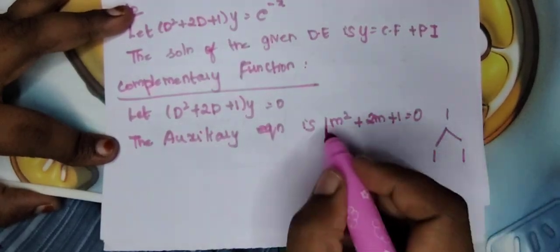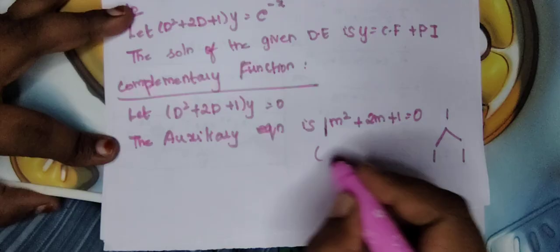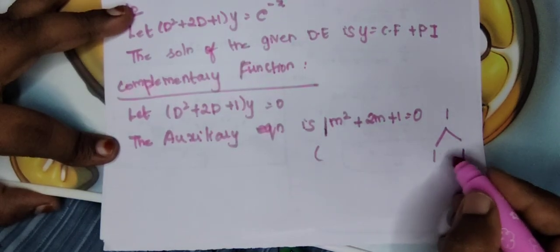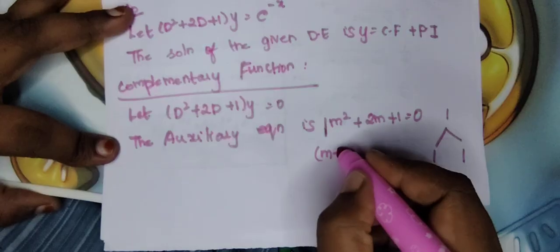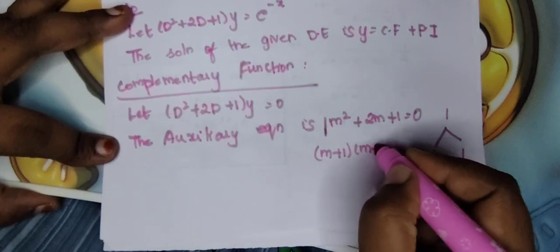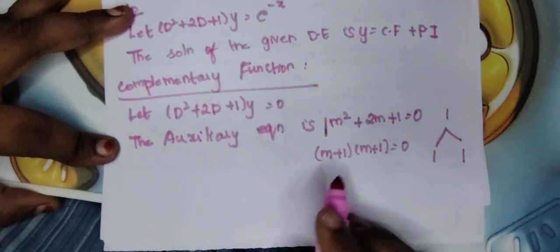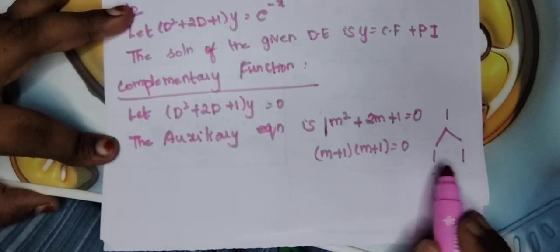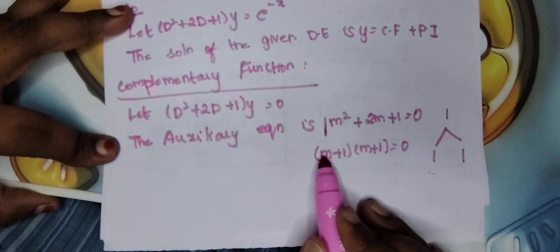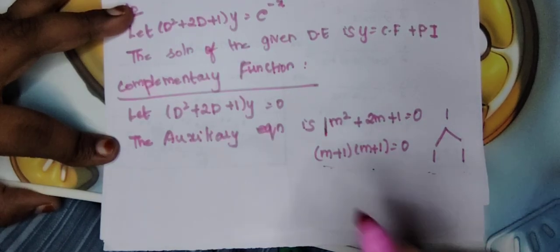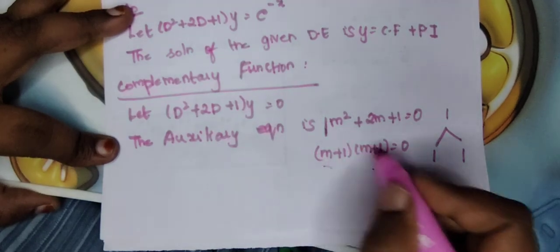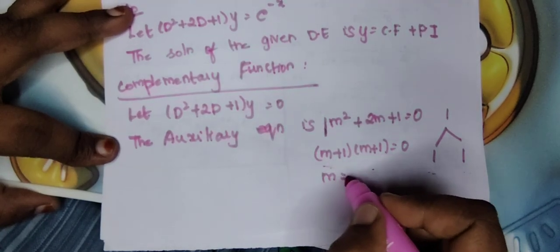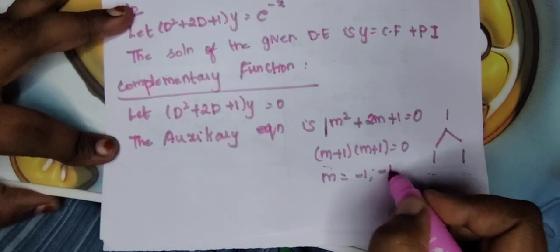So this equation can be written, as the roots are 1 and 1, as (m + 1)(m + 1) = 0. Why am I writing 1 and 1? Because the values are 1 and 1, right? So I'll write (m + 1)(m + 1) = 0. If I take plus 1 to the other side, it is minus 1. So the value of m will be −1, −1.